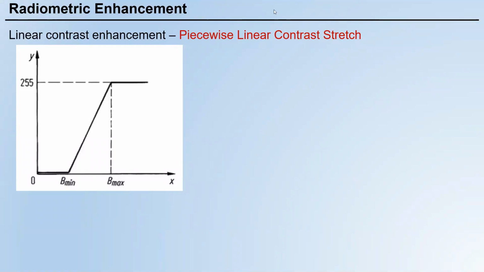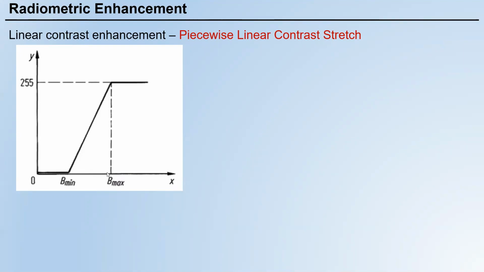Okay, so firstly, I still want to show you this figure here. So X, again, the horizontal axis is for input image, right? The brightness value of input image. Y-axis is for the brightness value of output image. So originally, the input image, its dynamic range is from Bmin to Bmax.